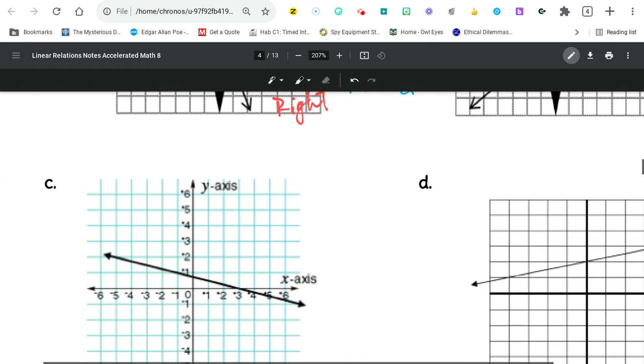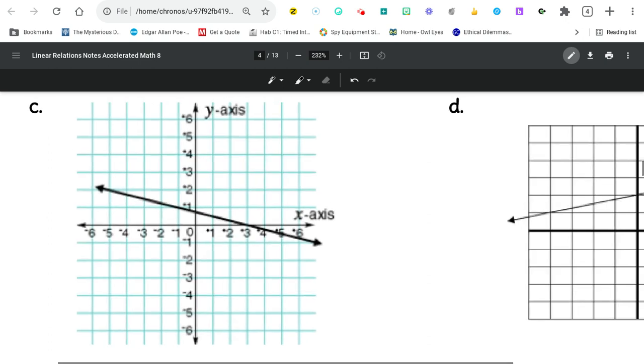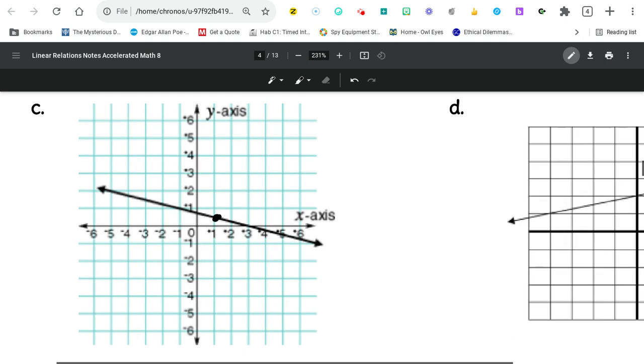Okay, let's take a look at something like C. C, I don't have the points labeled for you, so you got to pick something you can read. Please don't pick something like this because you don't know what that is. It looks like 1 and 1.5, but it may not be, so don't pick it. Pick something with integers, like whole numbers, or whole numbers and their opposites. So I'm going to pick something like this one.